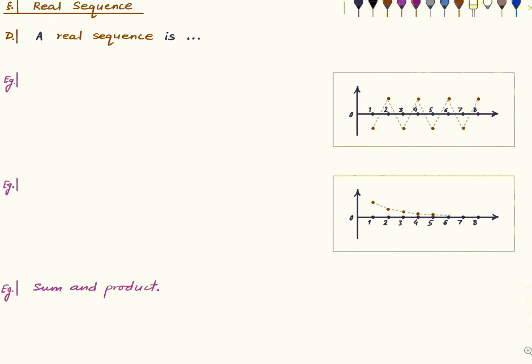So now we will be discussing real sequences. This is basically what is of interest in this lecture series, a real sequence. We will not be interested in sequences valued in arbitrary sets. So what is a real sequence? You can guess. A real sequence is a sequence in R. So that's the definition, which means that you may think of it as a function from the naturals to R, or you may think of it as an infinite list of real numbers.